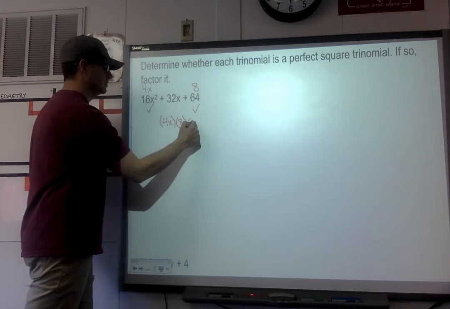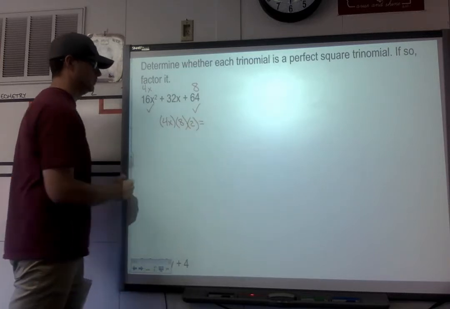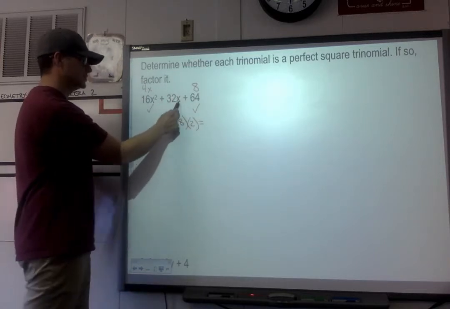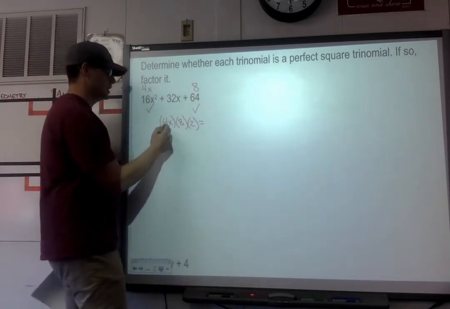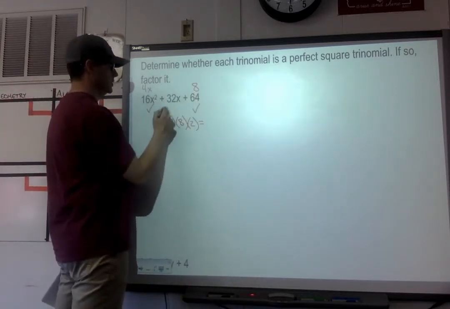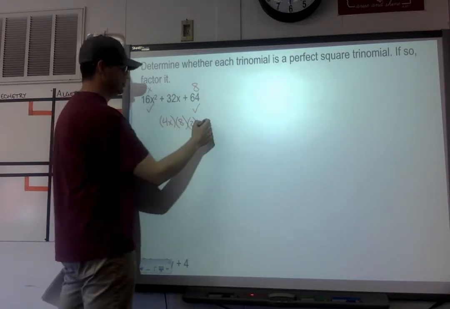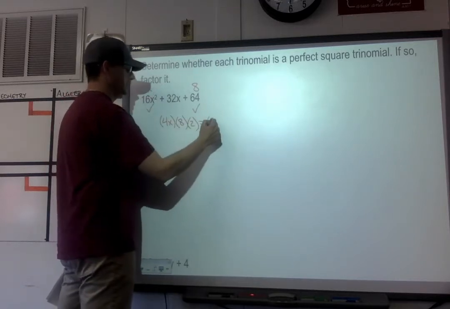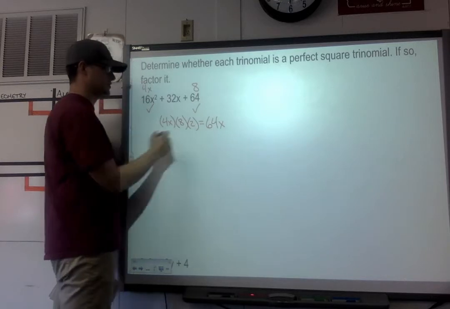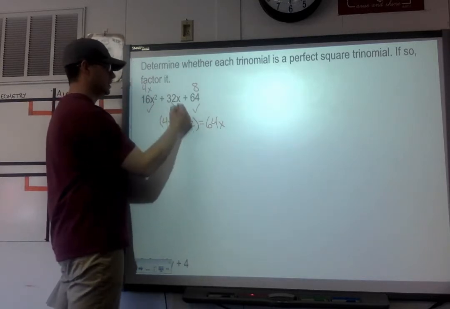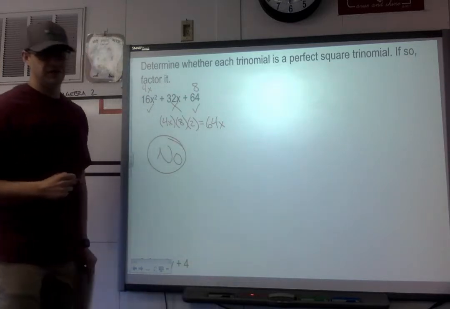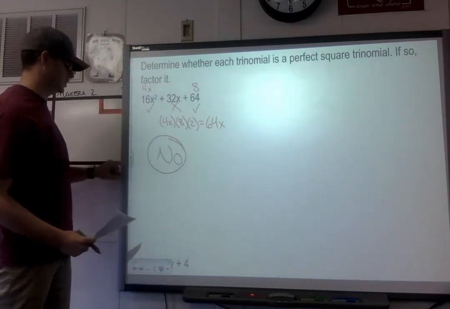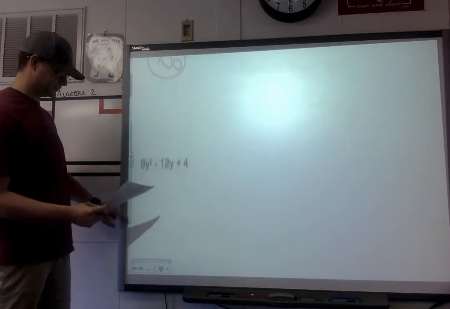And then we would need to multiply that by 2, because the middle term has to be twice the product of the square roots of your first and last terms. So in order for this to be a perfect square trinomial, our middle term needs to be 64x, which in this case it is not. So we would say no, this is not a perfect square trinomial, which means we don't have to factor it.